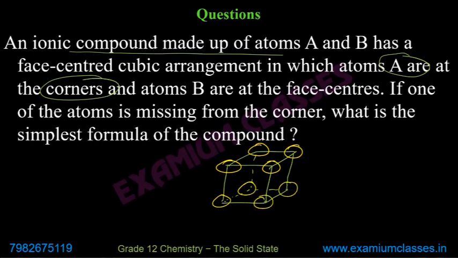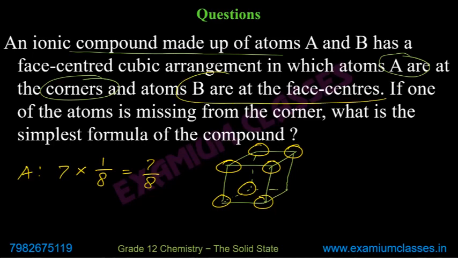But according to the question, it is missing at one corner. On this corner, it's not there. So if it would have been there, then we say the contribution is 8 corners and at one corner 1/8, that is 1. But here we have only 7 corners where atoms are present. So it will not be 1, rather it will be 7/8. So the contribution of A is just 7/8.